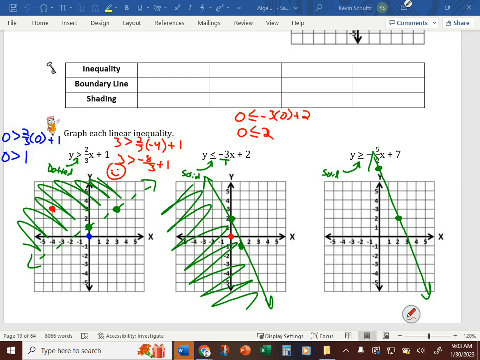Plug in 0, 0, because that's the smart way to do it, especially with that fraction there. Is 0 greater than or equal to negative 5 halves times 0 plus 7? Is 0 greater than or equal to 7? It is not. So do we shade that side? No. We shade the other side.